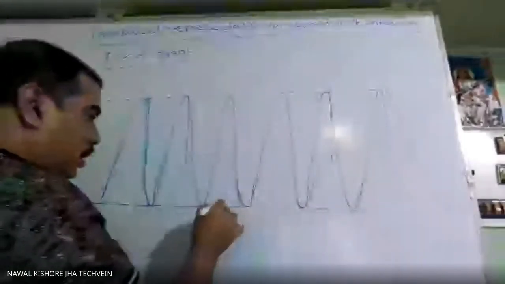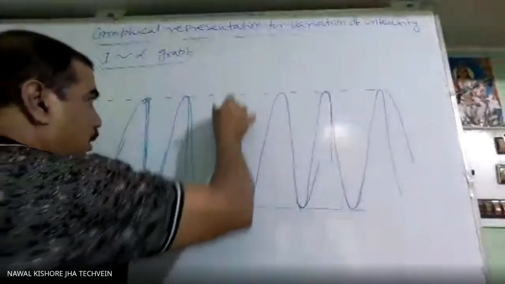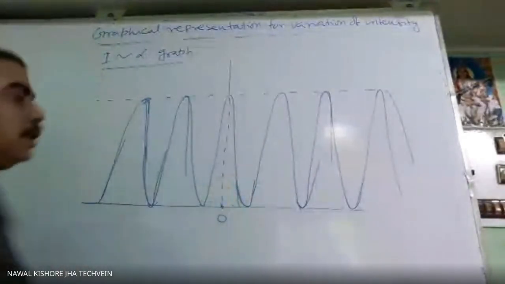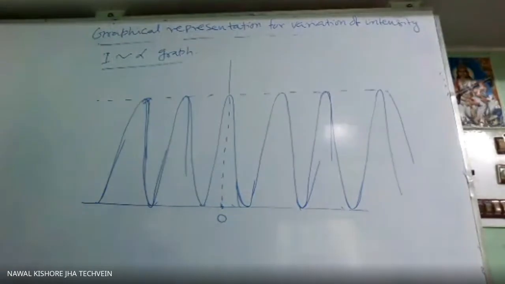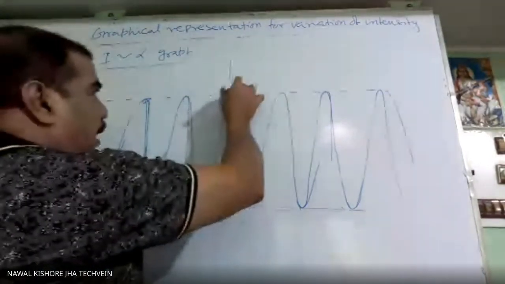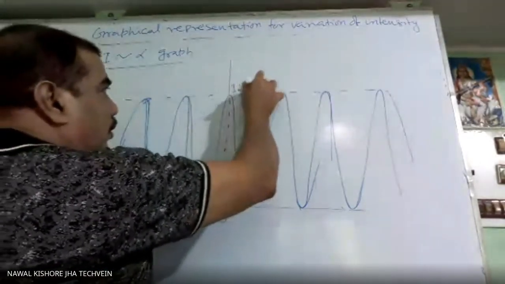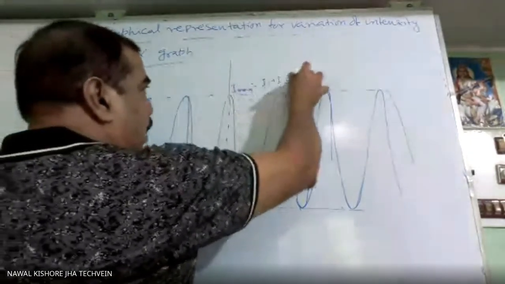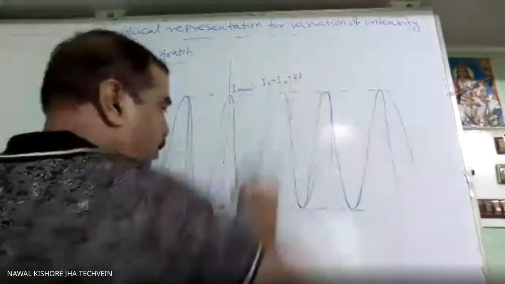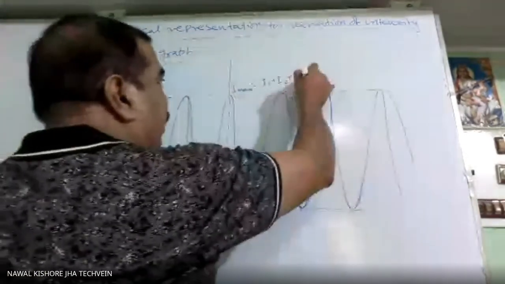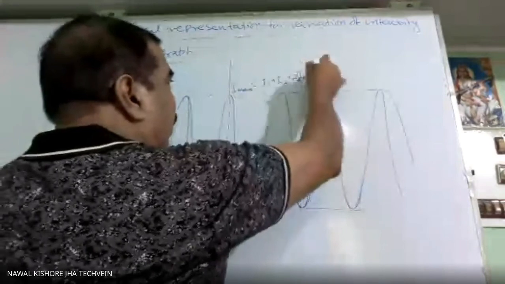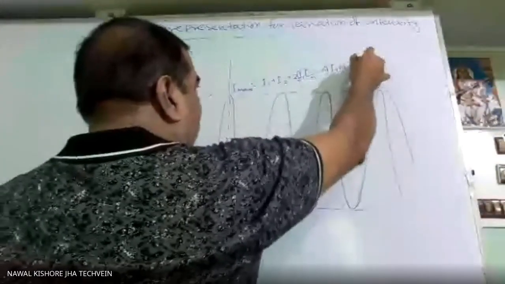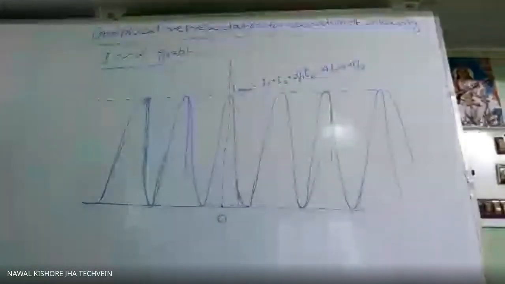Suppose we take this as 0 of the screen, central 0. So this is our Imax, which is I1 plus I2 plus twice root I1 I2, or as we have taken equal intensities, which is 4I1 or 4I2. So that is our Imax.